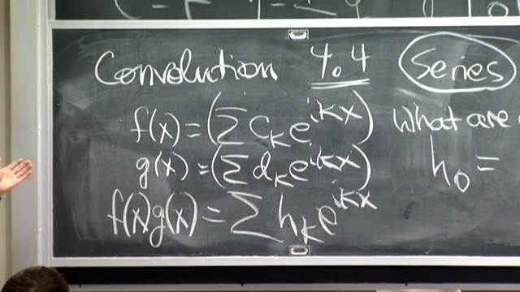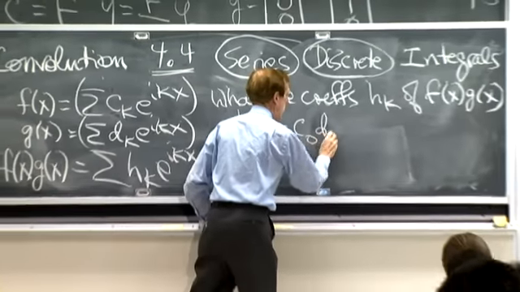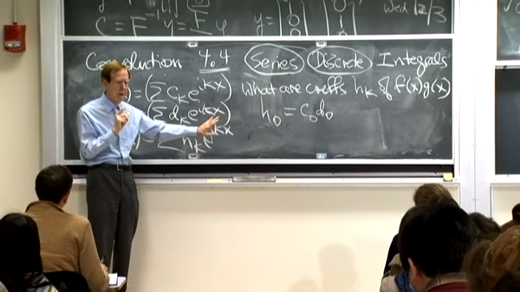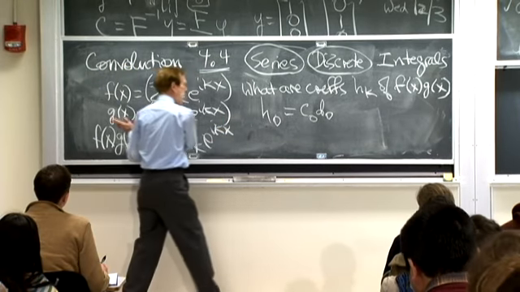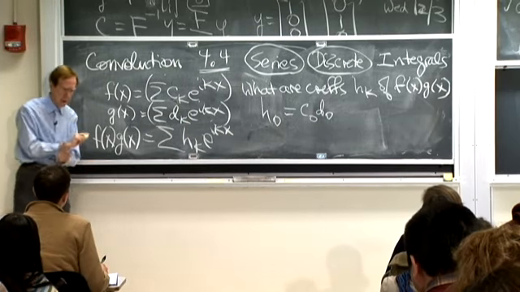Tell me one place I get something. C0 times D0. Great. Is that the end of the story? No. If you thought that multiplying the functions, I just multiplied the Fourier coefficients, the first point is no.